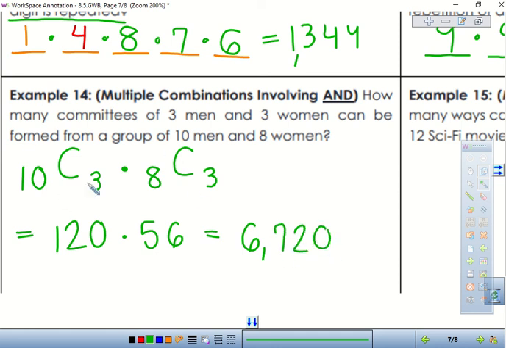You're basically just choosing, and we don't care about order here, so that's why I did C instead of P. Everybody understand that? And we're multiplying them because it's the same principle for multiplication. See how there's an and right here? Just like it applies to probability, and means you multiply. Same with combinations.